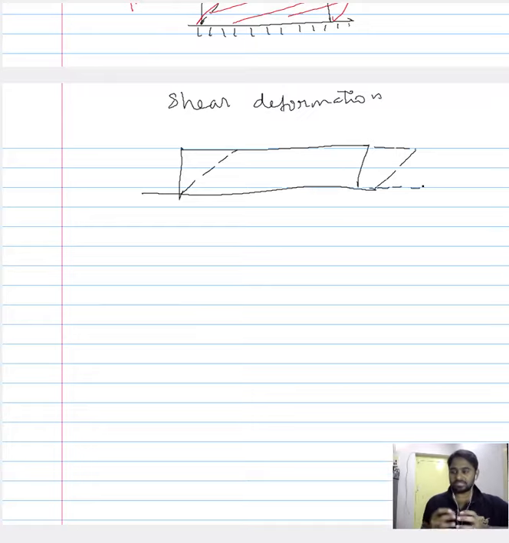So based on our understanding of what happens during a tensile and compression loading, let us try to characterize this shear deformation.